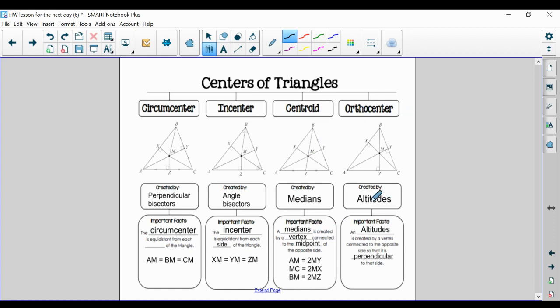The orthocenter is formed by three altitudes. So today's lesson is to identify the circumcenter, incenter, centroid, and orthocenter. So please take a minute to copy down on your homework worksheet. You can pause it.